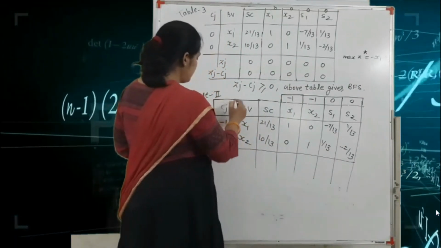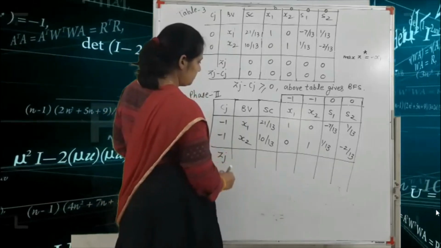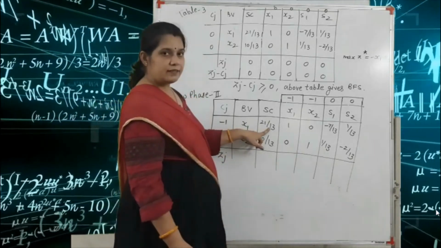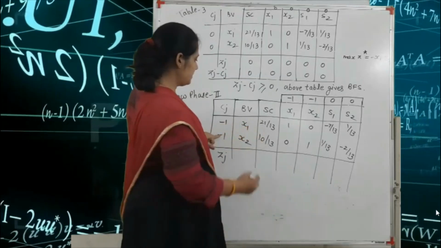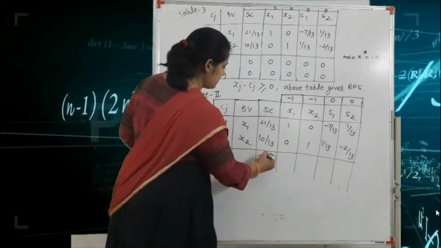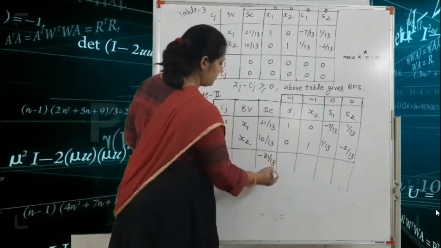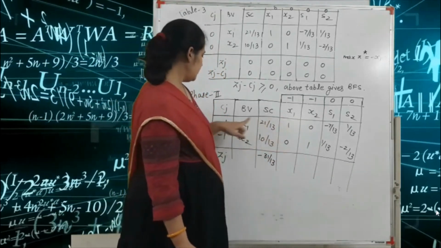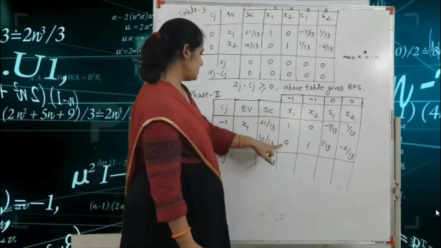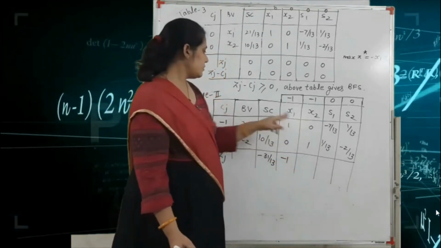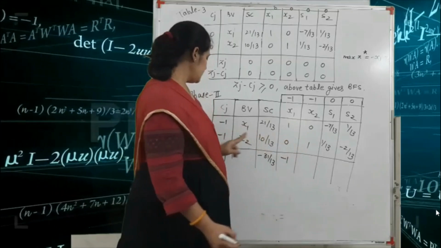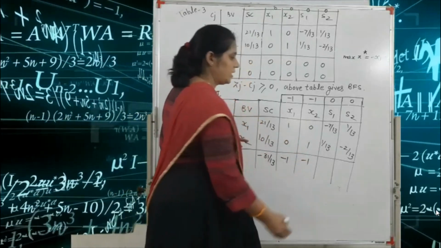Okay, after that we find the z value. So 21 by 13 into minus 1 plus 10 by 13 into minus 1. So this is minus 31 by 13. Okay, 1 into minus 1 plus 0 into minus 1, so this value is minus 1. 0 into minus 1 plus 1 into minus 1, that means minus 1.